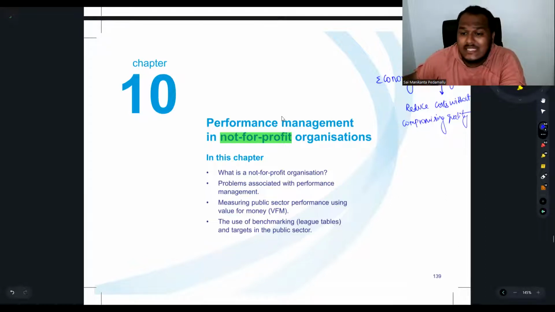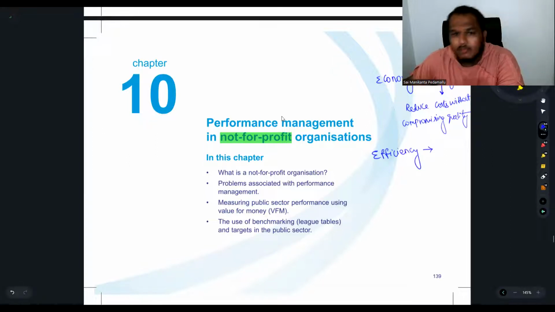Next one. What is efficiency, sir? One word. Utility of resources. Very good. Efficiency talks about utilization of resources.